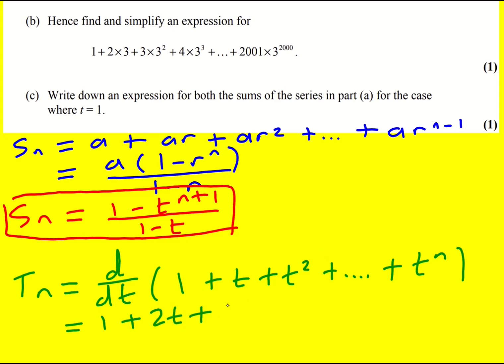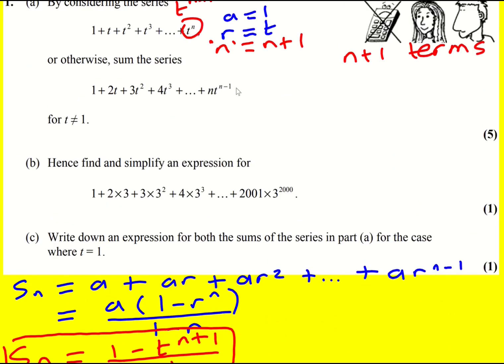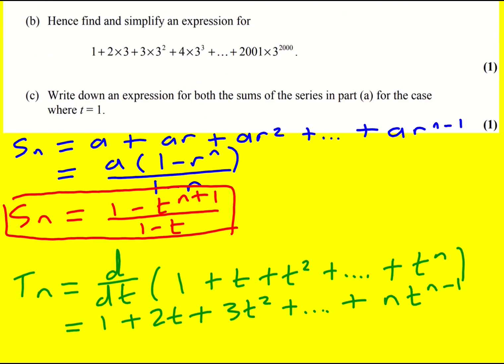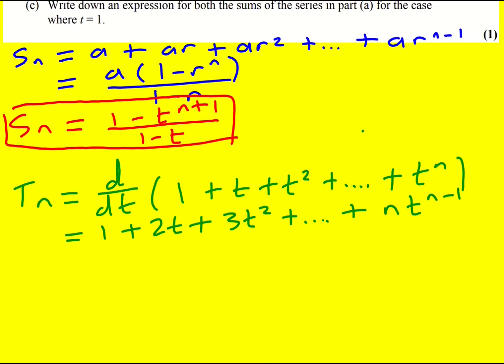Then it would be t cubed, so it would be 3t squared, up to n t to the n minus 1. So that is the sequence we've got here. And remember, this thing here is our Sn. So the answer is simply going to be to differentiate this thing here in red.